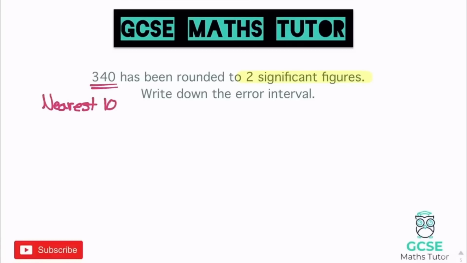Now again, there is a little trick here. We'll think about the logic behind it, but in terms of the nearest 10, well, if we think about a little number line again, I'm not going to do this for any others, but if we think about a little number line, 340, 350 would be the next nearest 10, and 330 would be the next nearest 10 below.